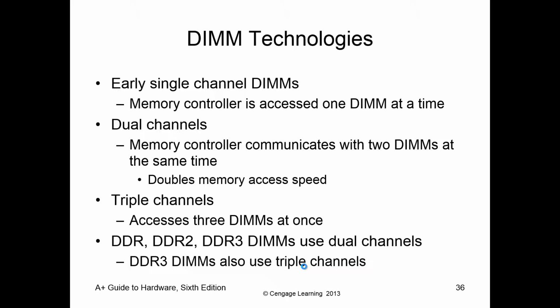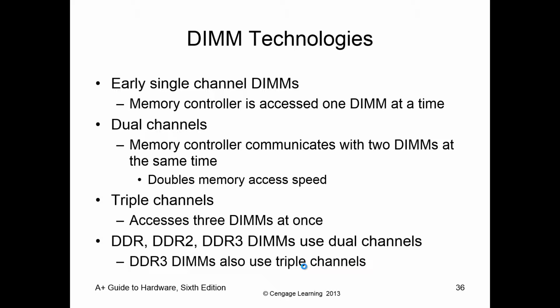Now, early single-channel DIMMs, that's just one module working individually. The memory controller is accessing one DIMM at a time. However, with dual channel, the memory controller can access 2. Tri-channel, the memory controller can access 3. Quad channel, it can access 4.